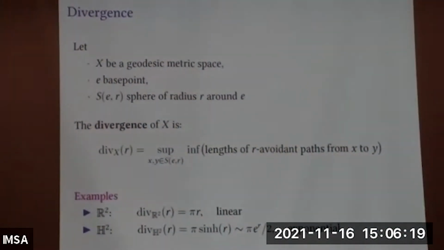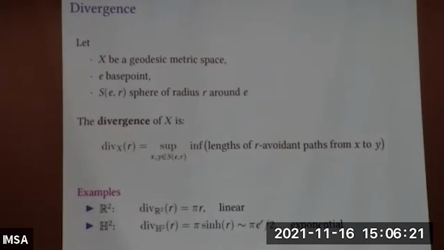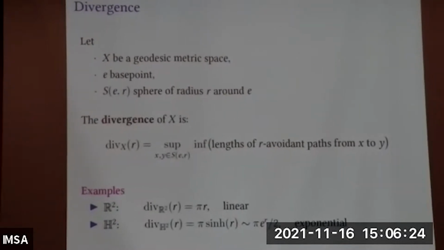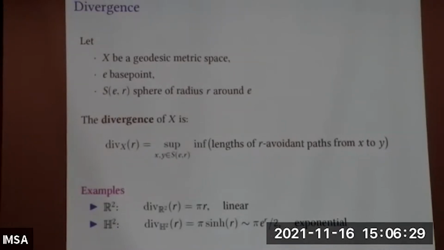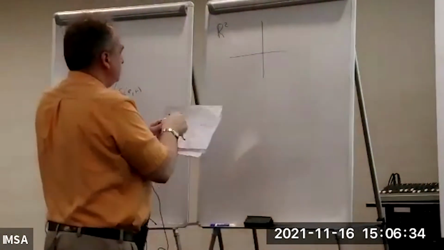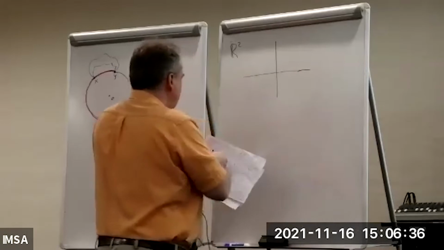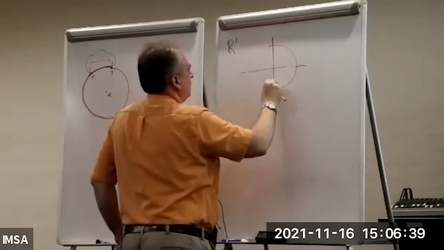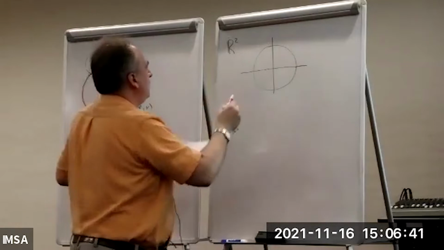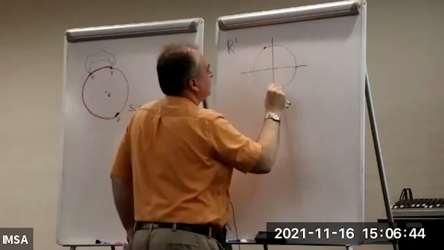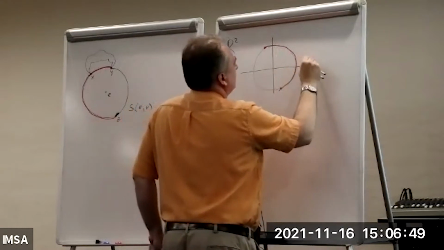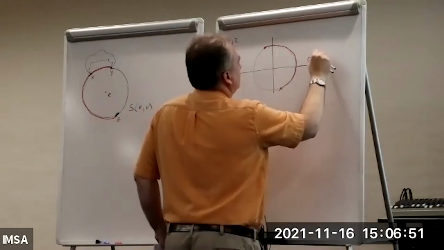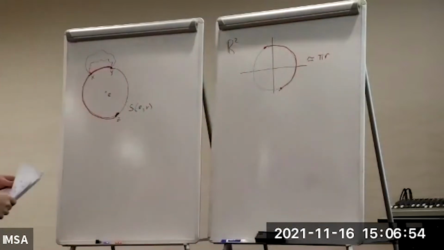And considering examples reveals some interesting phenomena. If we look at, let's say, Euclidean space, then the length between antipodal points on the sphere is approximately, well, it's linear in radius.